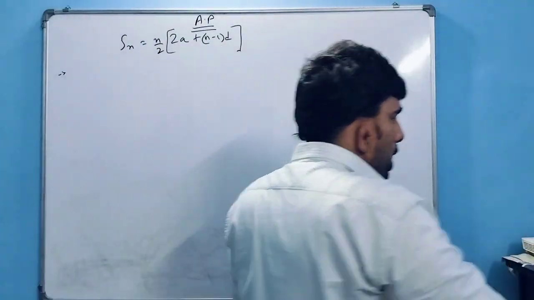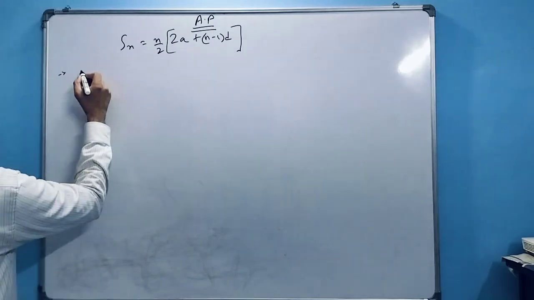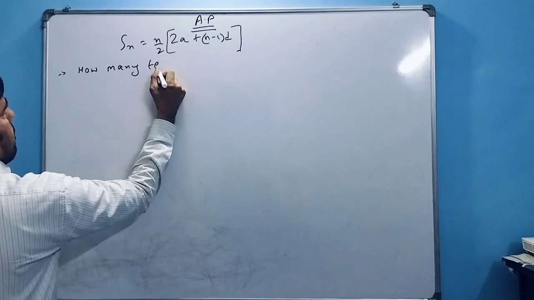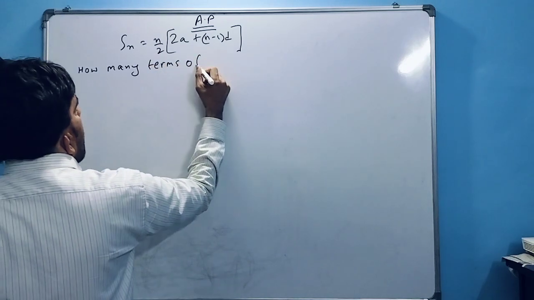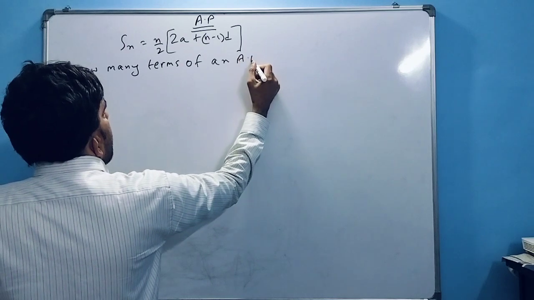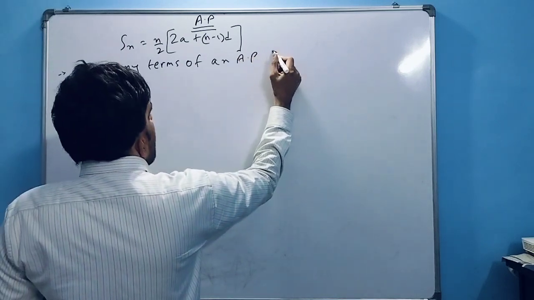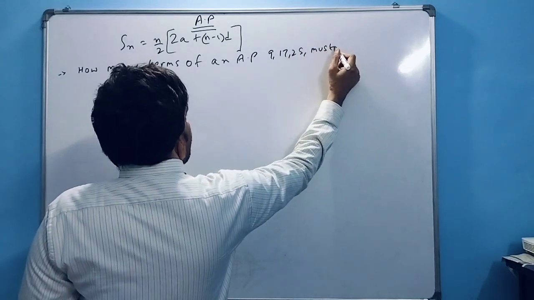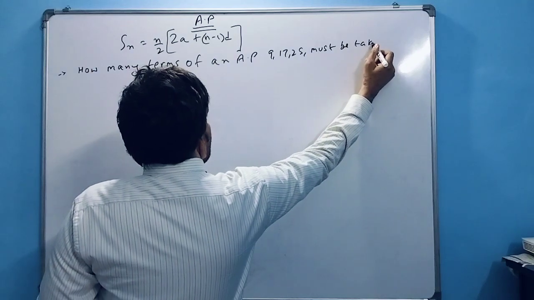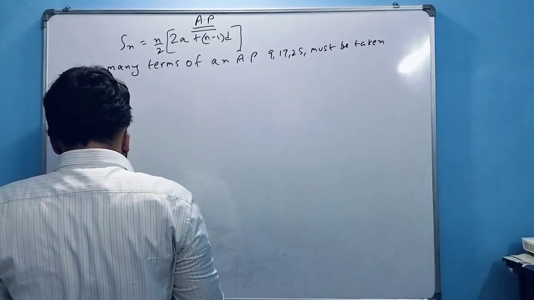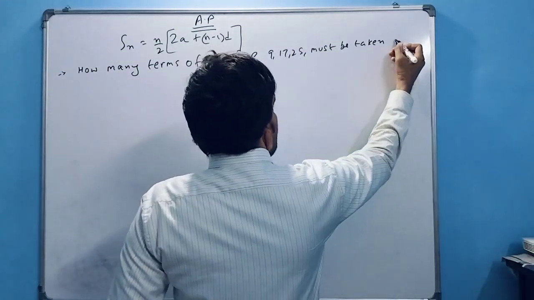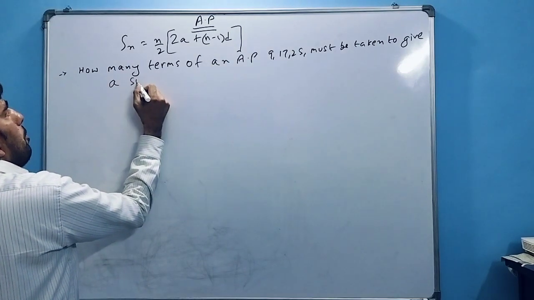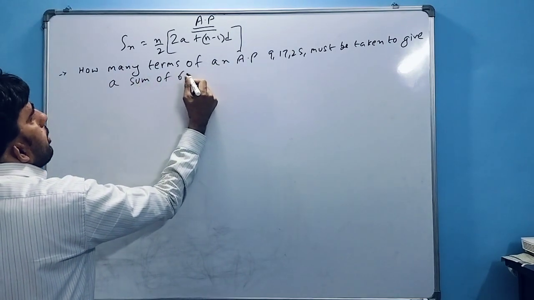So I have the question: how many terms of an AP that is 9, 17, 25 must be taken to give a sum of 636.